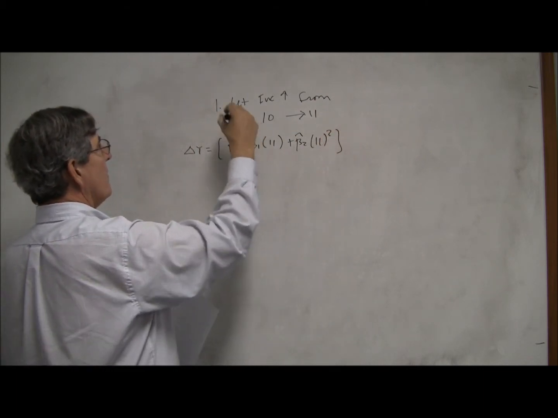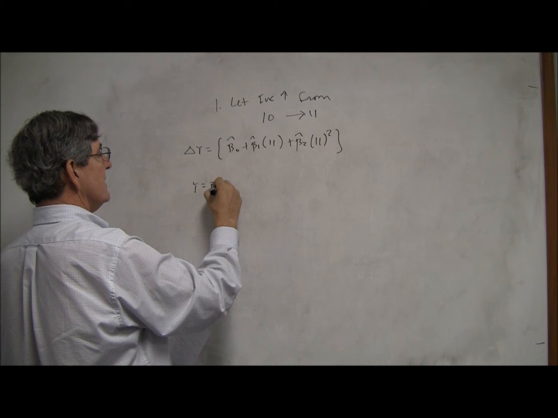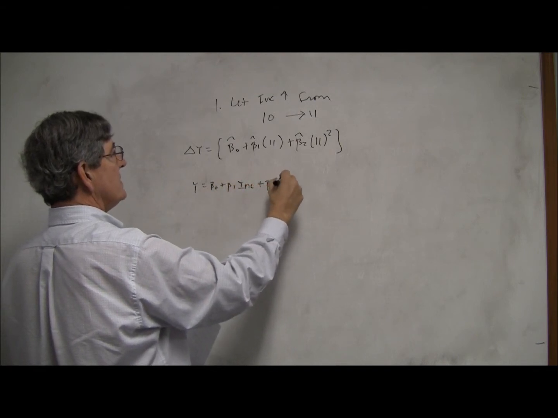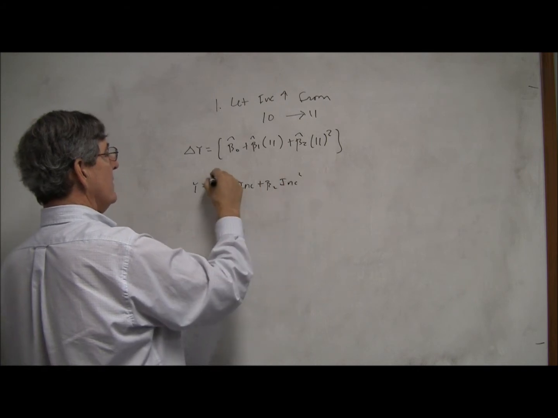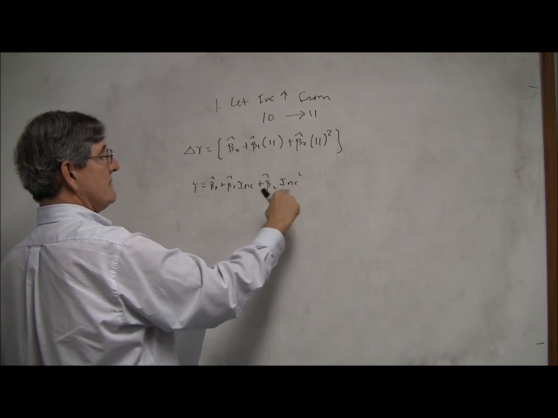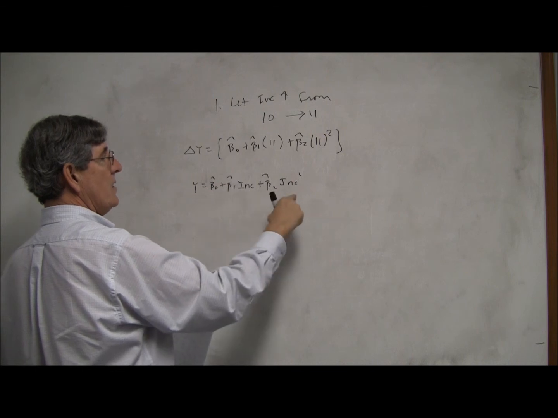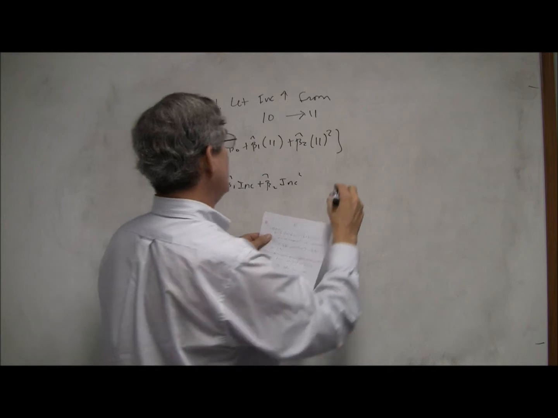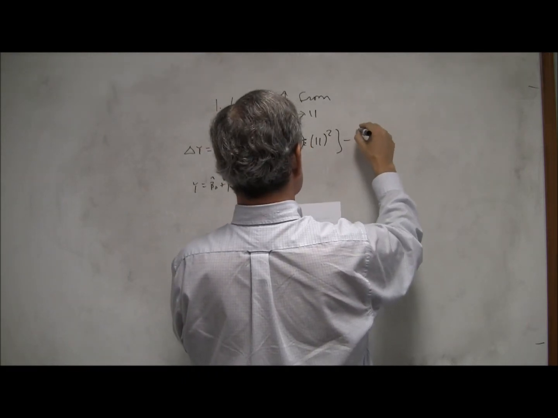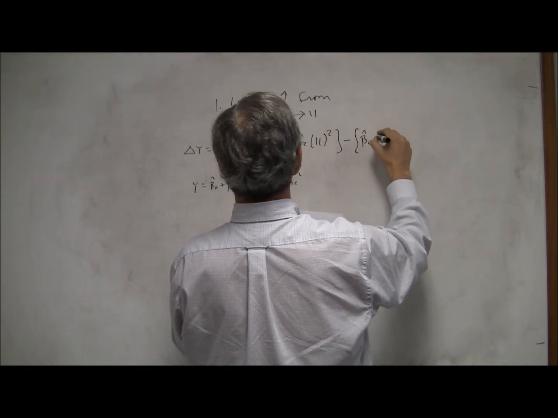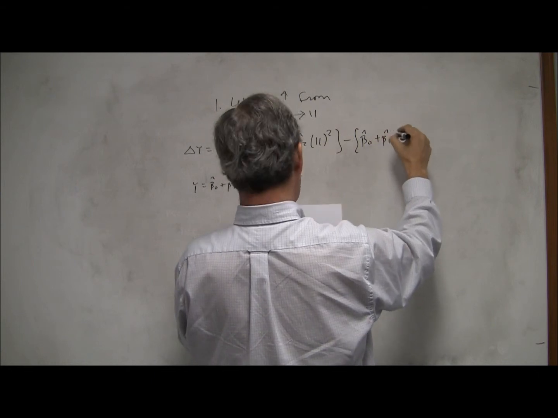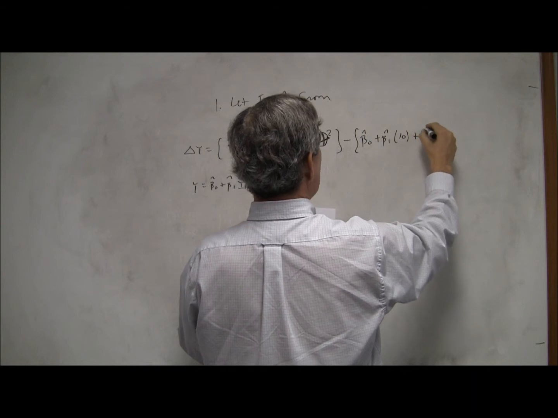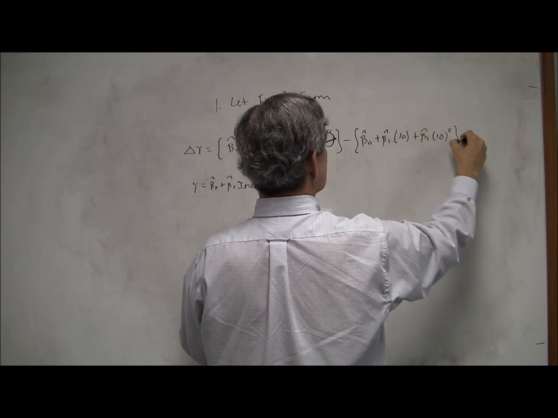So I'm just plugging in. Remember, our model is y is beta 0 plus beta 1 times income plus beta 2 times income squared. When we've estimated it, it looks like this. And I'm just plugging in 10 or 11 for both of those. I want the change in y due to this, so I need to subtract off beta naught hat plus beta 1 hat times 10 plus beta 2 hat times 10 squared.